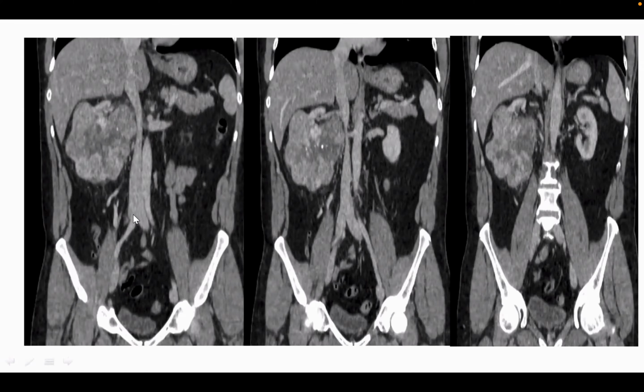IVC thrombus. Okay, here they've given a reconstructed image, which is never a very good idea to look at, but let's say there's no thrombus. They've actually shown what looks like the IVC all just pushed and compressed by the mass. It's also possible that you could see the right renal vein right on the top cut.